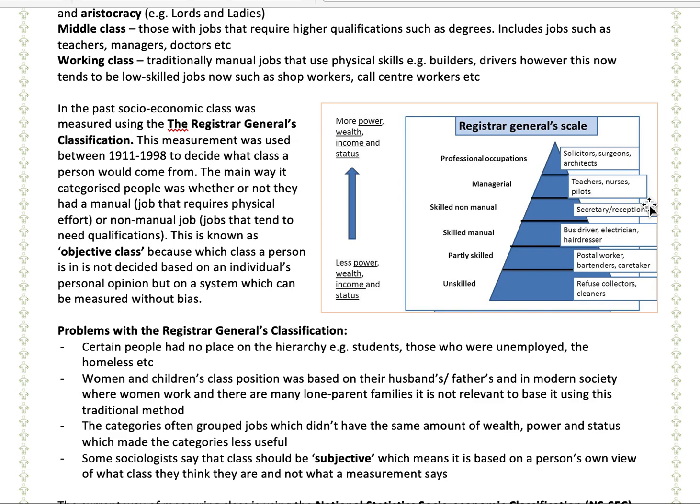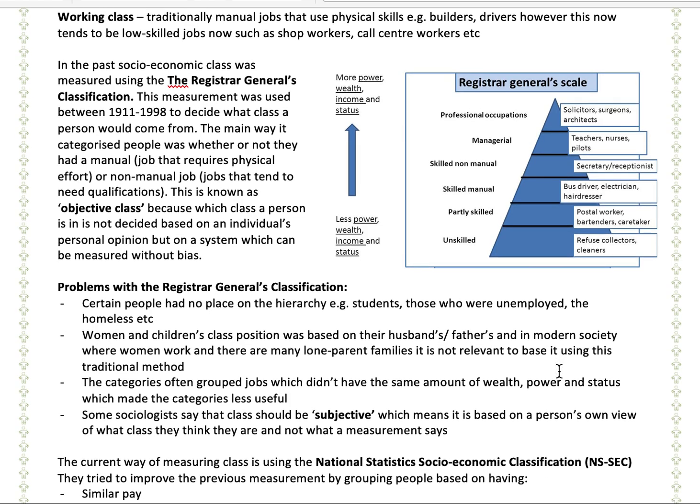Other people have argued that it's too objective, it should be more subjective, so people should have more of a personal say in where they think they fall within the social class system. More distinctions could be made within the different categories, and some people don't have any position in the hierarchy. So, like students, for example, where do they fall? Or if you don't have a job, where is your position on that? There isn't like a separate category at the bottom for unemployed.